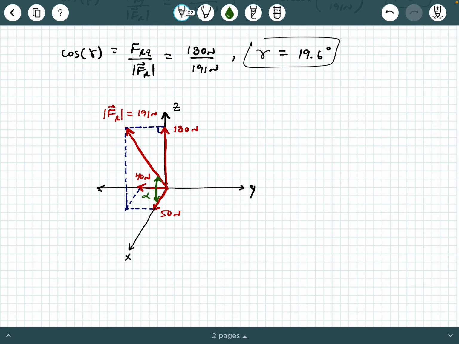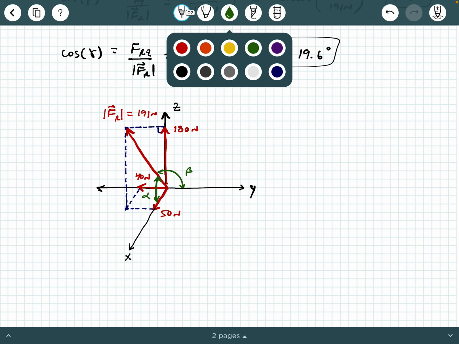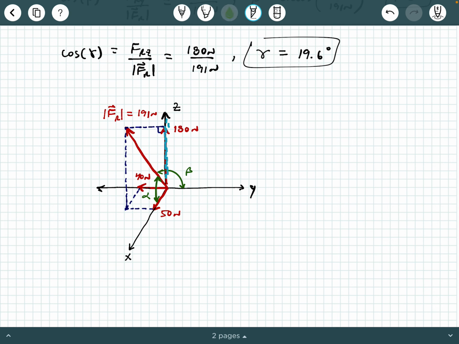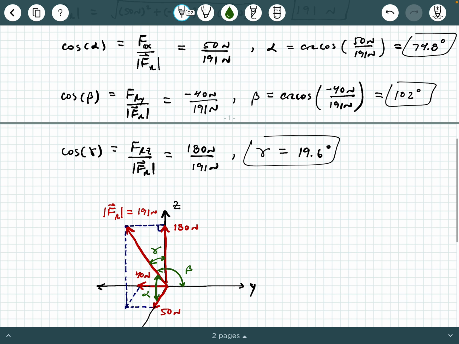So beta is this sweeping angle right here. And then what about gamma? Gamma is measured from the positive z-axis, or the z component, to the vector itself. So gamma is going to be this angle right here. And again, we know what those angles are. Alpha 74.8 degrees, beta 102 degrees, and gamma is 19.6 degrees.